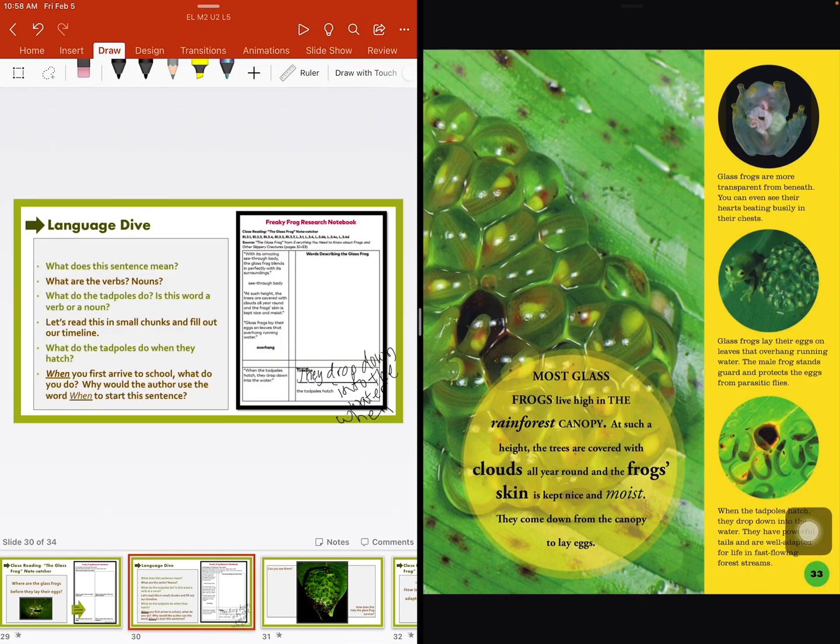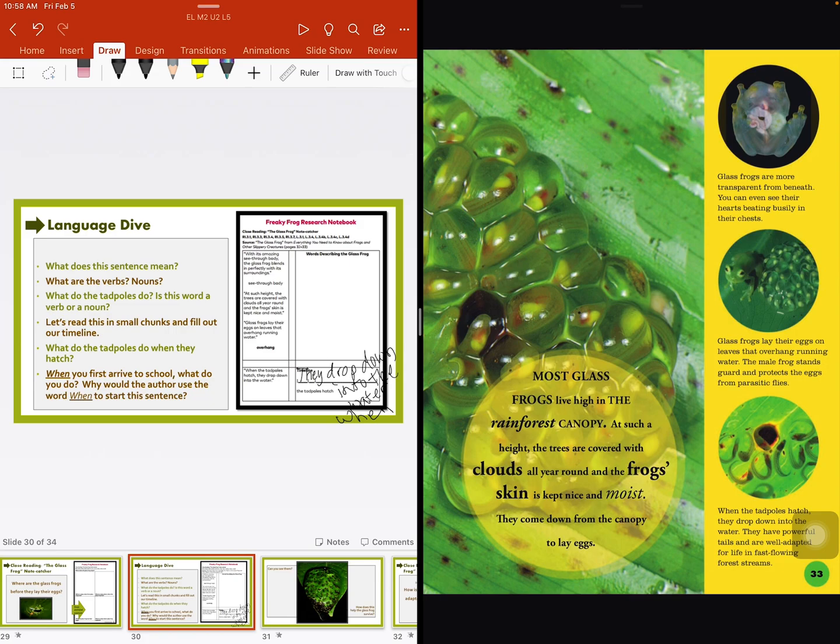So what does this sentence mean down here? When the tadpoles hatch, they drop down into the water. Well, it's telling you that they will drop down into the water once their eggs hatch. So before that, they are on the leaves. What are the verbs? Yes, hatch and drop, because those are all actions.